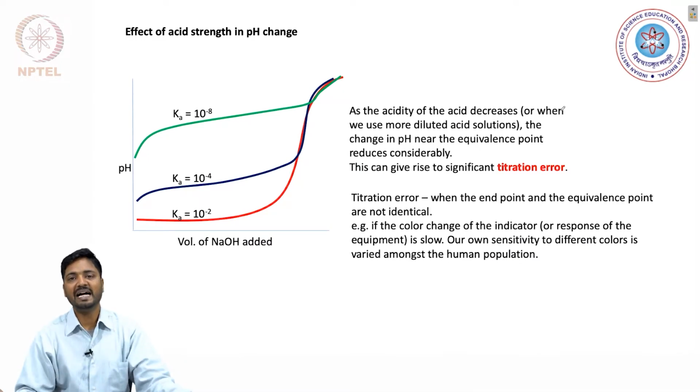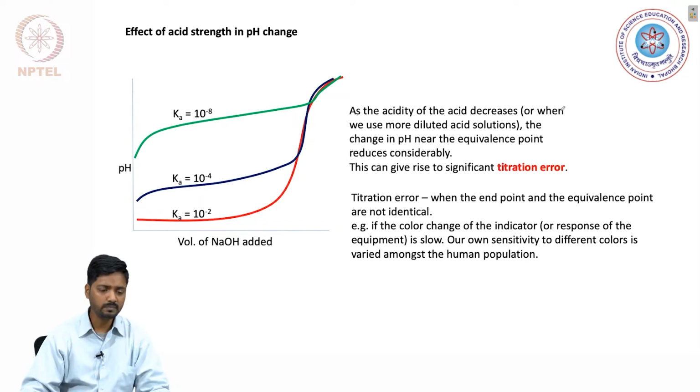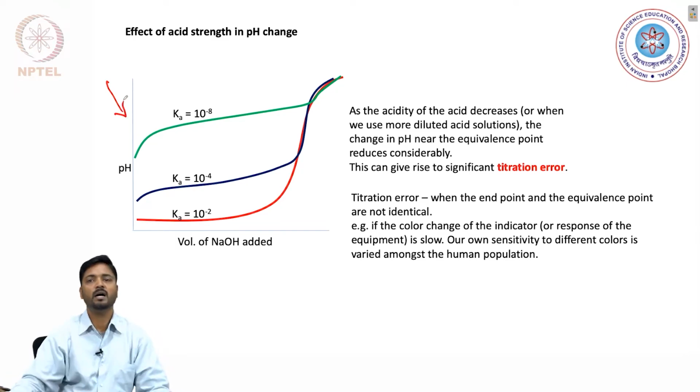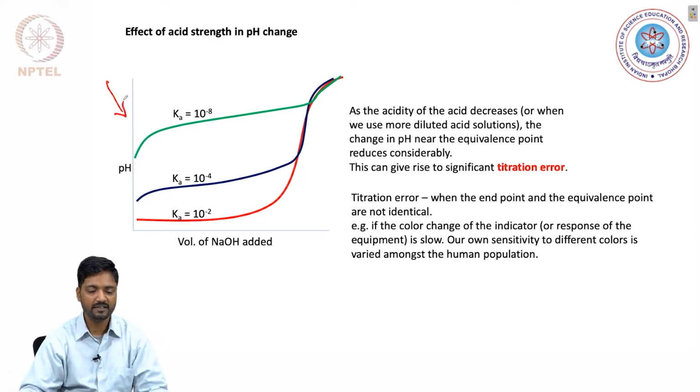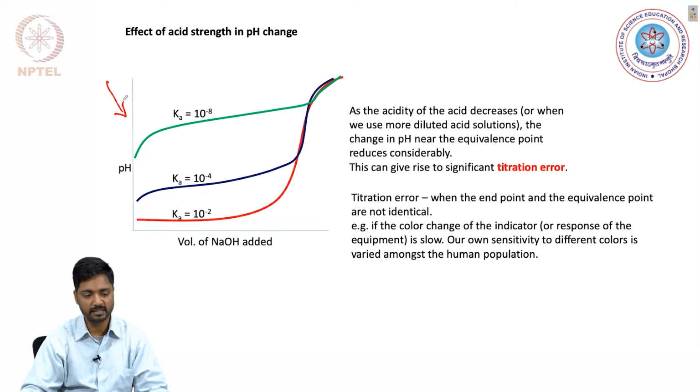So, when we titrate an acid and a base, the acid strength has a very clear influence on the type of titration curve that we will generate during this titration. For example, in this graph here, I have plotted 3 different acids of different strengths which are being titrated against the same concentration of sodium hydroxide.